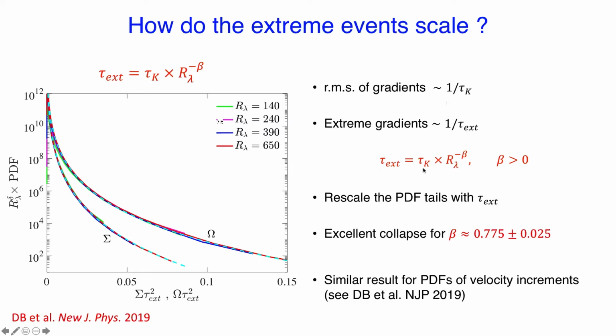So right away, for beta greater than 0, you can see that this is a smaller time scale. And our aim is to rescale the tails of the PDF with this time scale. That is shown here in this plot for strain and vorticity. Both we can see can be rescaled with this tau_x for this range of Reynolds number, where beta corresponds to 0.775 plus or minus some small error bar.